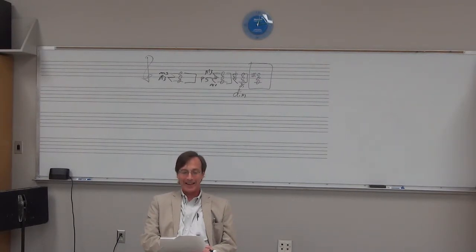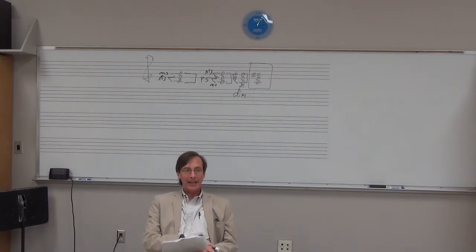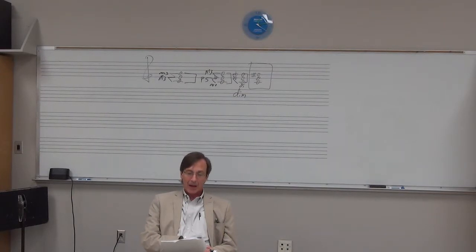Okay, the first one, ACE, would be minor. If you contract the fifth, it makes it a diminished fifth, which makes it a diminished triad. Major being expanded is augmented. Minor being contracted is diminished. Major is major.